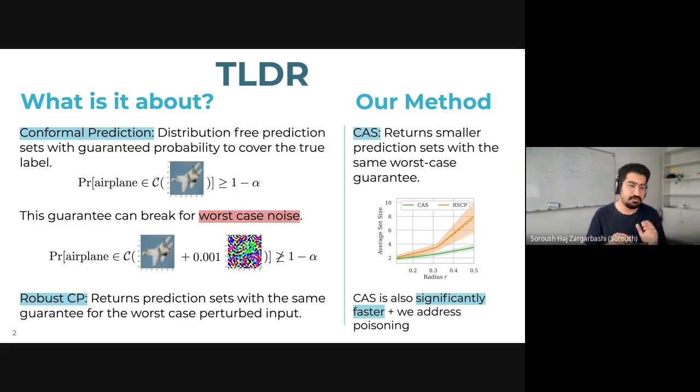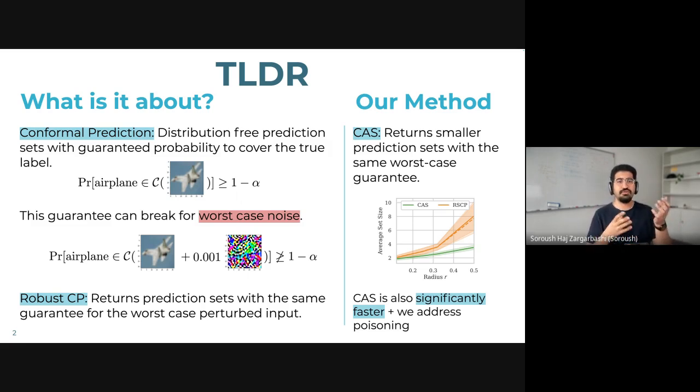So let's say, for example, 1 minus alpha is 90%. You define this on a model, you get prediction sets, a set of labels, and it's guaranteed that 90% of the time, the true label is inside the set. But this guarantee is for the clean data.